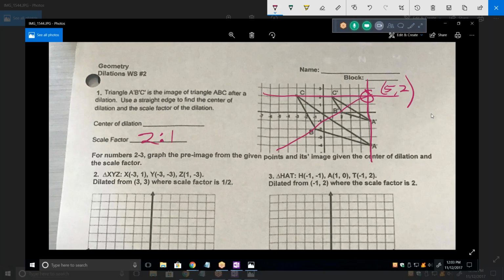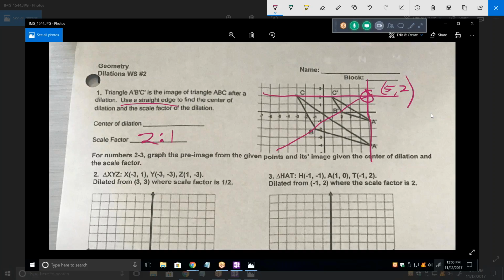So the fact that they said use a straight edge to find it, there's only one way to use a straight edge in this problem. And that's by connecting the vertices, C with C prime, B with B prime, and A with A prime.